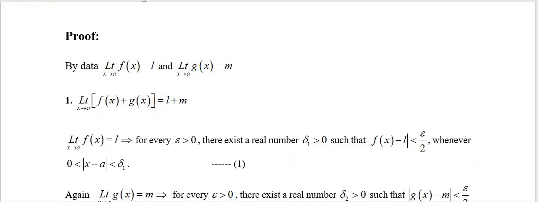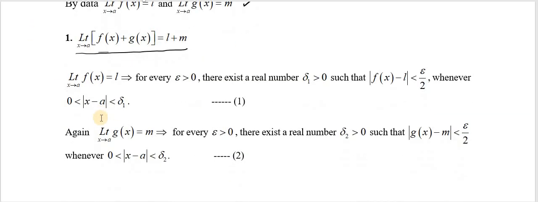Proof. By data, limit x tends to a of f(x) equals L and limit x tends to a of g(x) equals M. This we know. Now we are going to prove limit x tends to a of f(x) plus g(x) equals L plus M. For this, we are going to use the limit of a function definition.